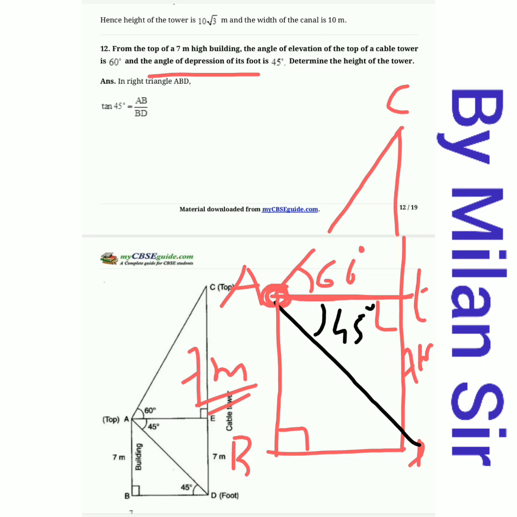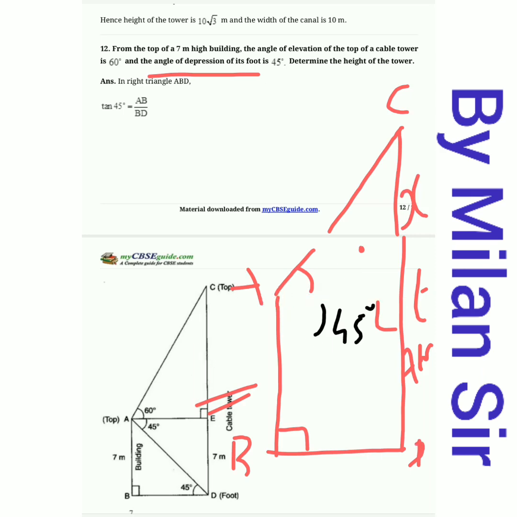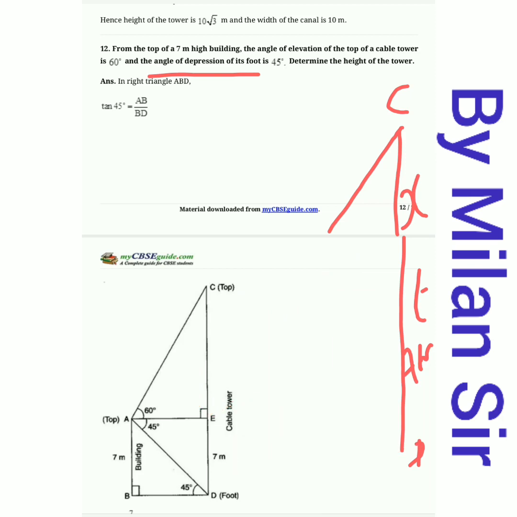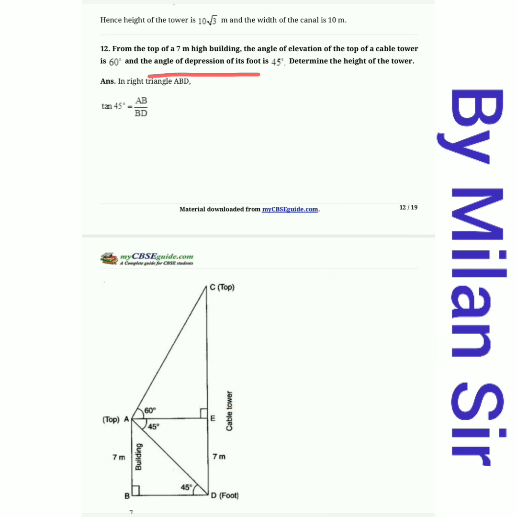We know up to DE, but we need to find CE. Right, we can assume it X. So the total height of the tower is 7 plus X, and we need to find the value of X.